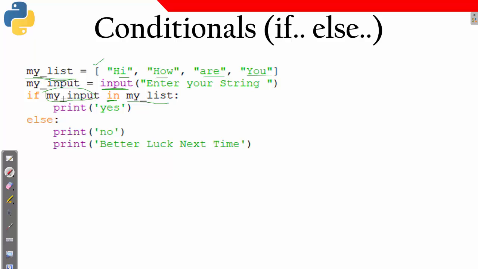Okay, in my list, it means whether my input is an element belonging to this list or not. If it is in this list, I'll write yes, otherwise I'll write no, and I can write one more statement, better luck next time. So the output will be something like this. If I type Hi, capital H and small i, it is a part of this particular list, so that's why it is printing yes.